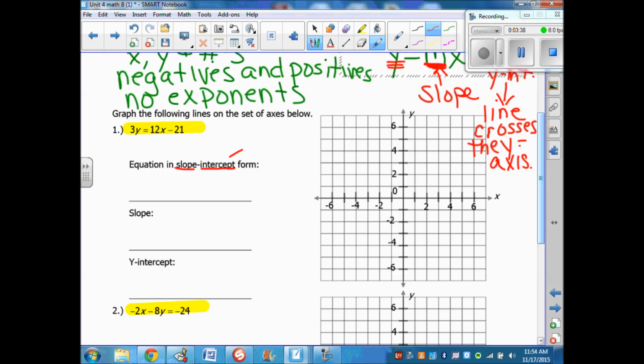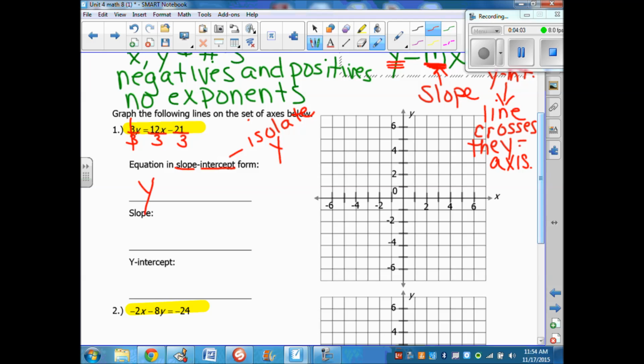In other words, we need to isolate y, get y all by itself. So how do I start? Right now I have this 3 times y. How do I undo multiplying y by 3? I've got to divide everything by that 3.